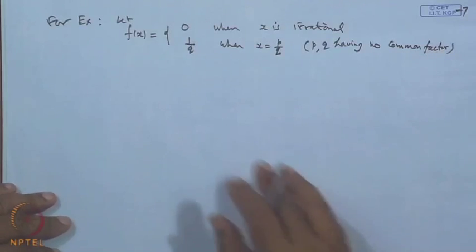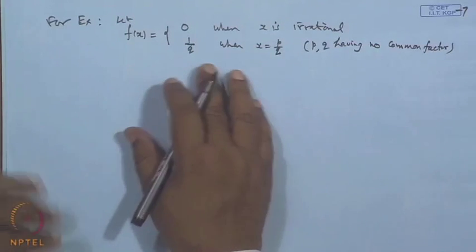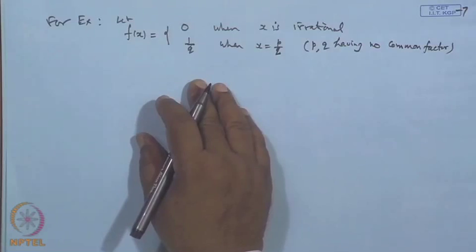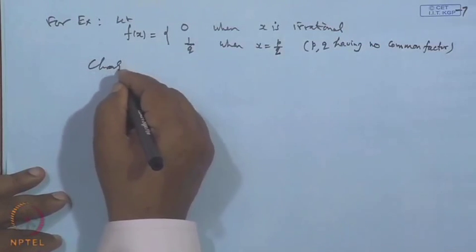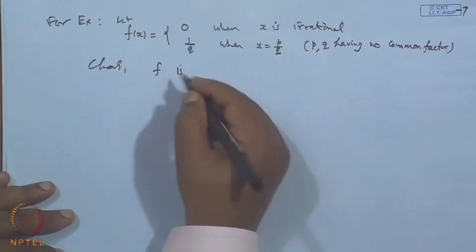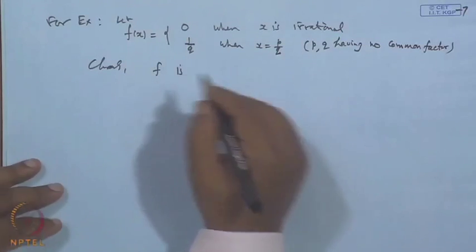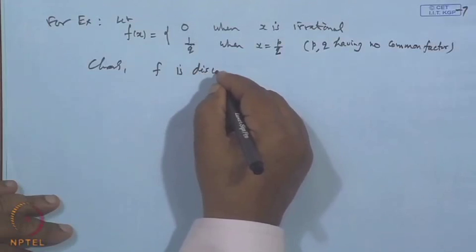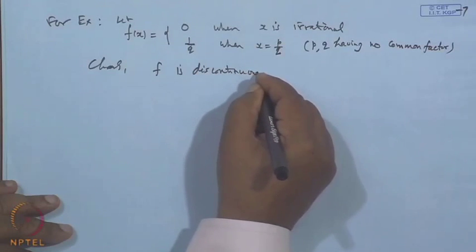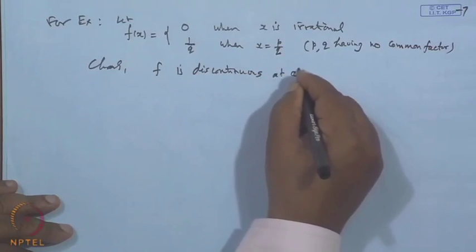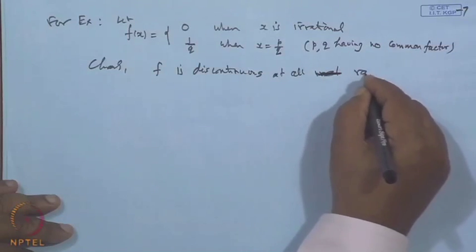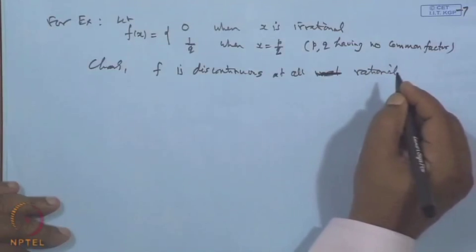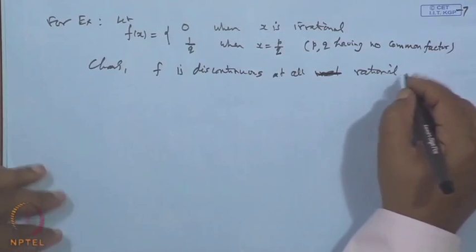That is a rational number. So clearly, the function f is discontinuous at all rational points. Why?